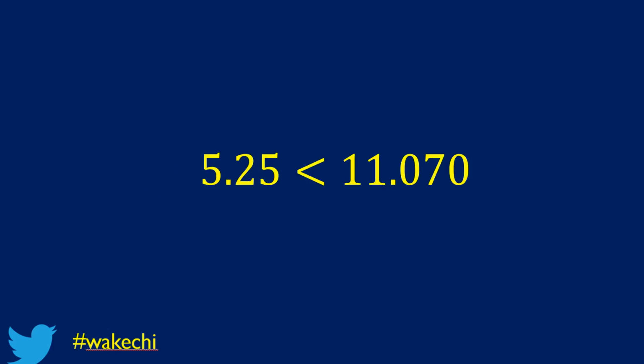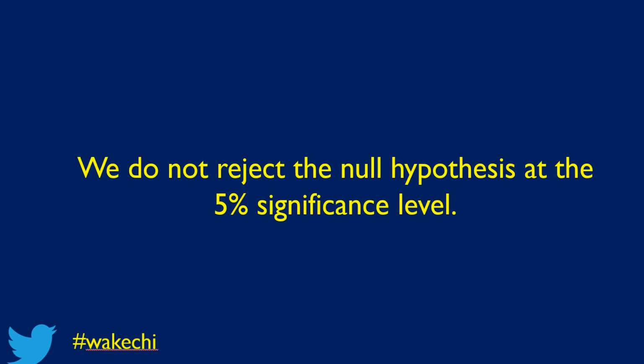Well, 5.25 is less than 11.070. Hopefully you can see that. Therefore, we do not reject the null hypothesis at the 5% significance level. We have to accept it. Well done if you got the following values and came to that conclusion. If you have any questions, leave them in the box below. I've been Martin. Thank you for listening.